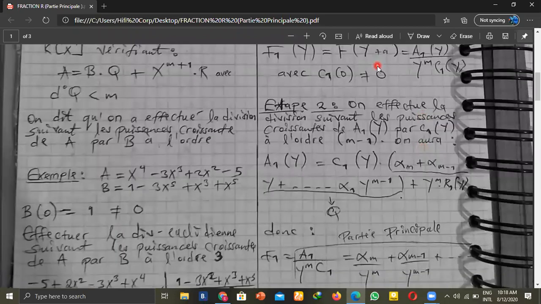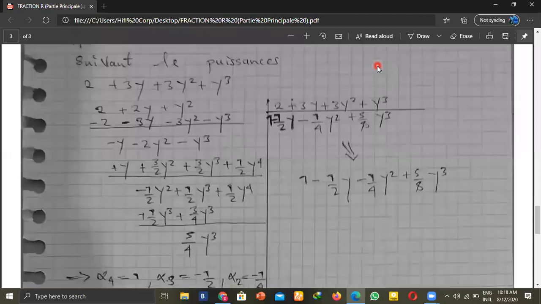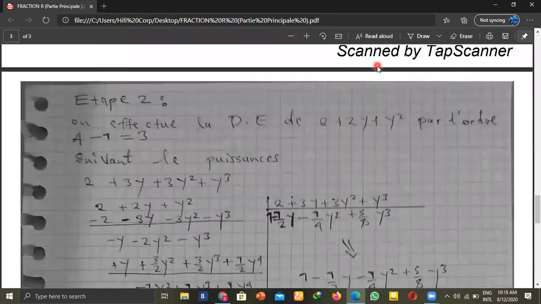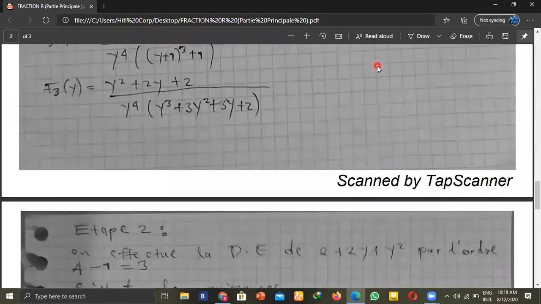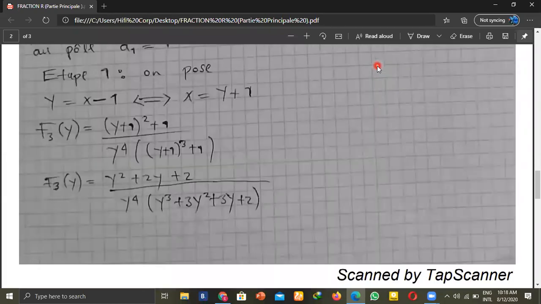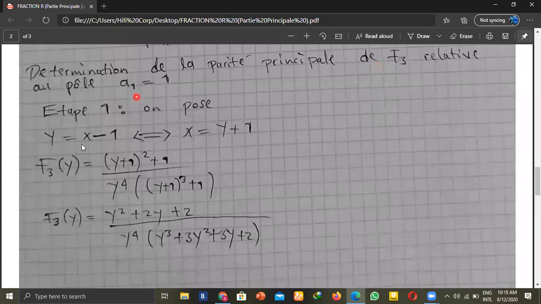So we come here. What do we do? Étape on pause, y is equal to x minus 1, which is equivalent to x equal to y plus 1. So we've made x the subject of the formula and we've posed x to the racine.